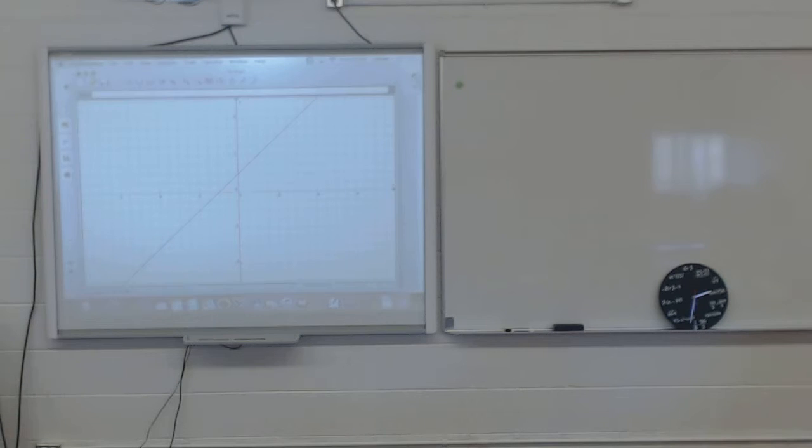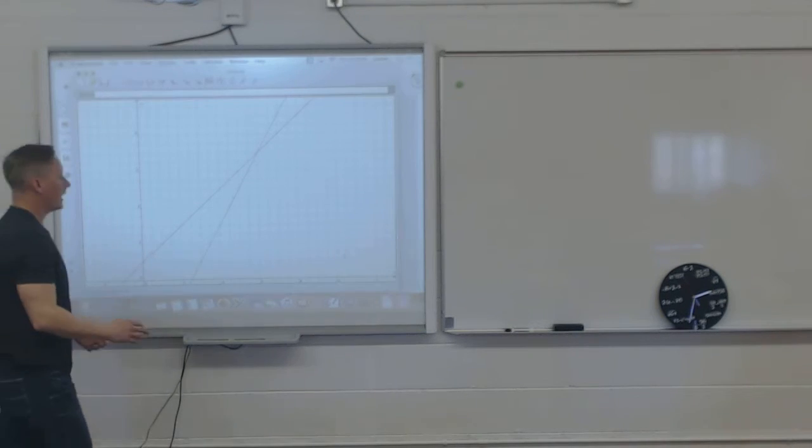What was the second graph? y equals 2x subtract 5. Enter. Okay, so I have these two graphs right here. Let me try and center this a little bit better for us. Everybody can see that all right?